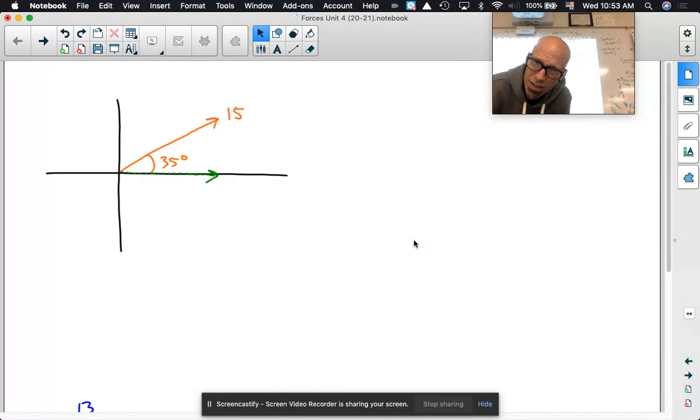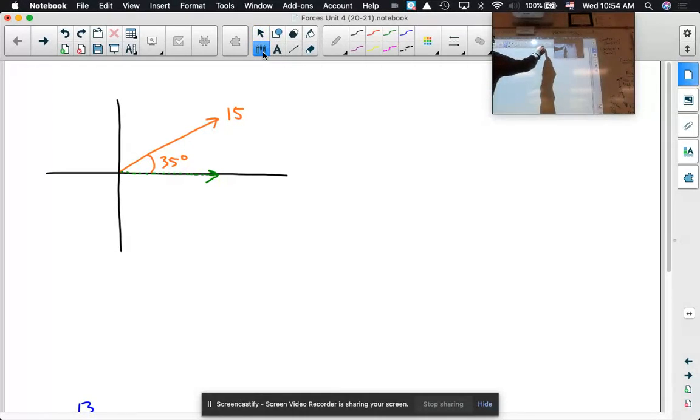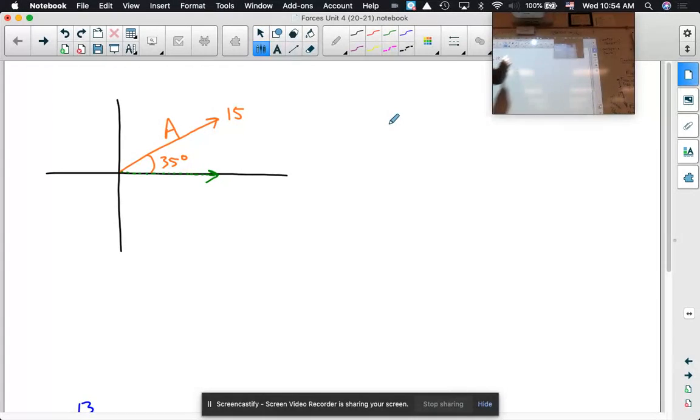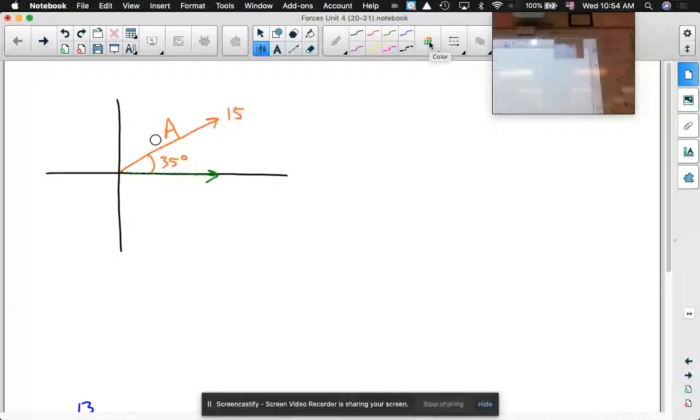I'll give this vector a name. I'll call it A, I guess. No, let's call it F. I apologize.